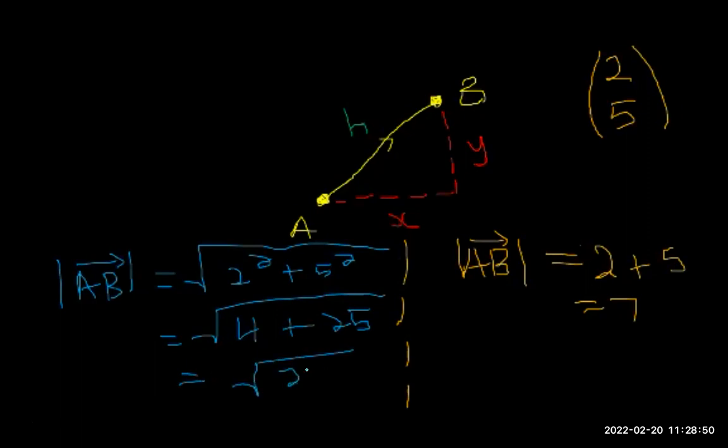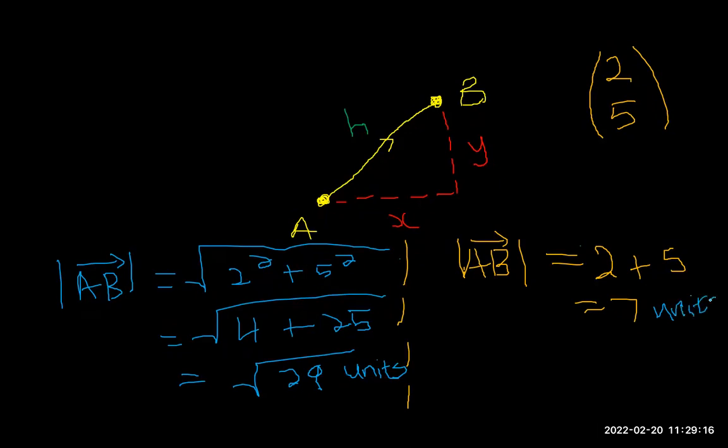So using Pythagoras' theorem, which would be more accurate, tells me that the length or the modulus or the magnitude of my vector is root 29 units. So that would be the unit, right? But then using x plus y, it tells me that it's 7 units, which isn't correct. So this is just to prove to you why just saying x plus y isn't right. You actually have to use Pythagoras' theorem to find the length, which would be root 29 units.